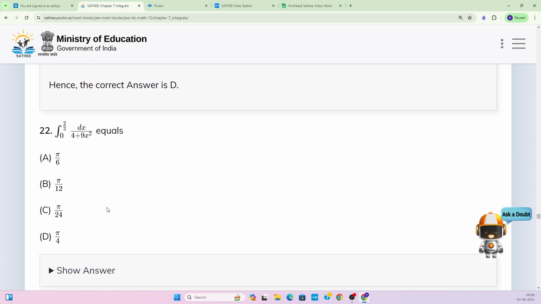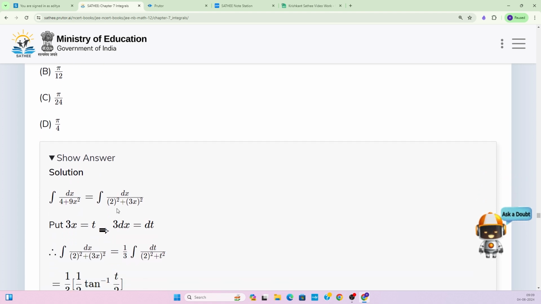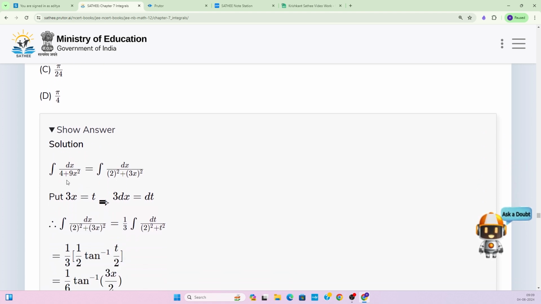Now the last problem for this exercise will be what? Definite integral from 0 to 2/3 of dx by 4 plus 9x². Okay, very simple to do. You can rearrange your terms as 4 as 2² and 9x² as (3x)².